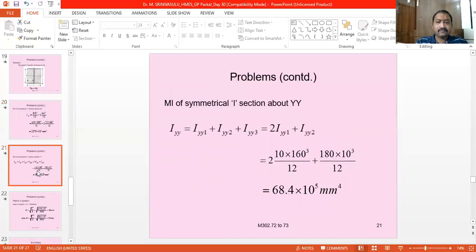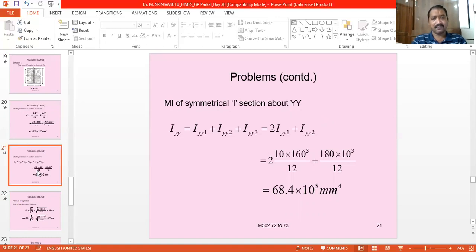Now coming to the moment of inertia of the symmetrical I section about the YY axis. Here also, the same thing: the top flange and bottom flange have symmetrical dimensions, and only the web is different, so we can calculate for any one flange and multiply with 2.